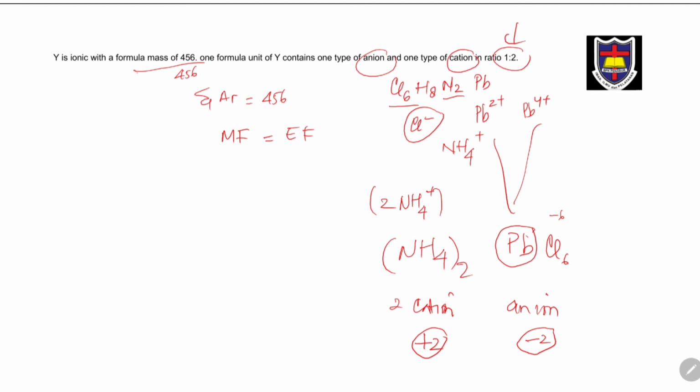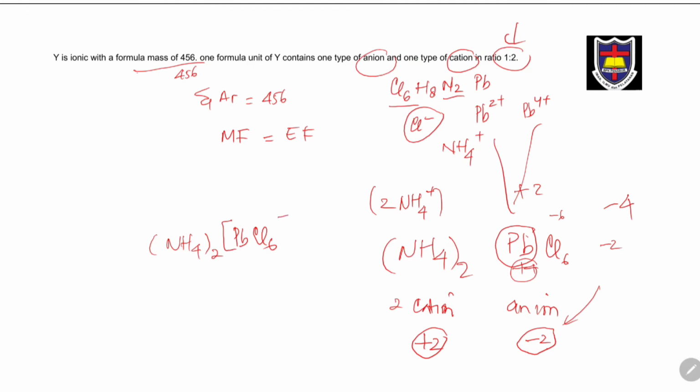If we choose plus 2, the total charge of the anion is plus 2 minus 6, that is minus 4, not matching what we need. So the Pb in this anion is plus 4, because Pb plus 4 joined with 6 Cl minus gives a total charge of minus 2. So the formula is (NH4)2PbCl6.